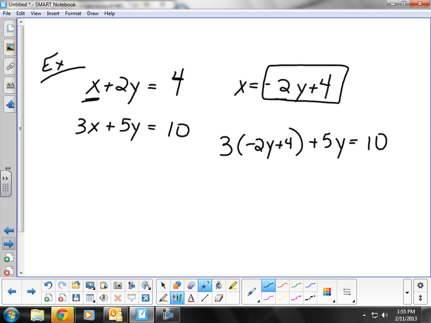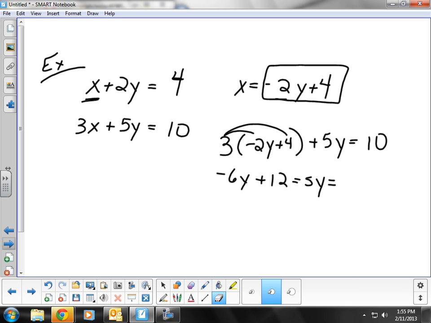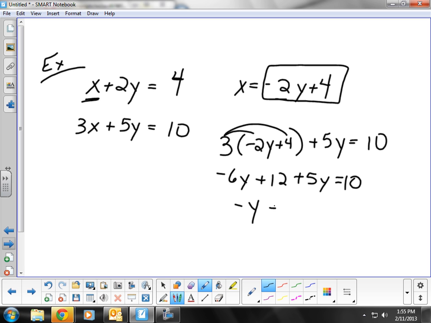All right. And so we distribute here. We get negative 6y plus 12, plus 5y is equal to 10. Then I can combine like terms. So I get negative y plus 12 is equal to 10.